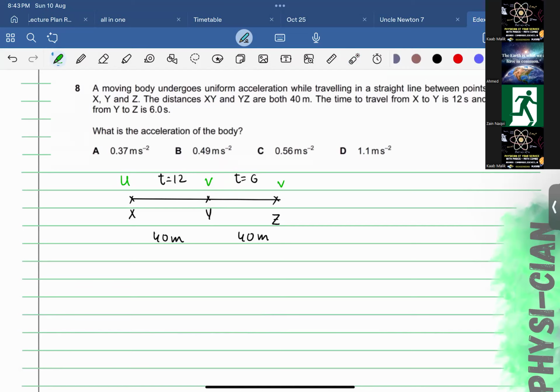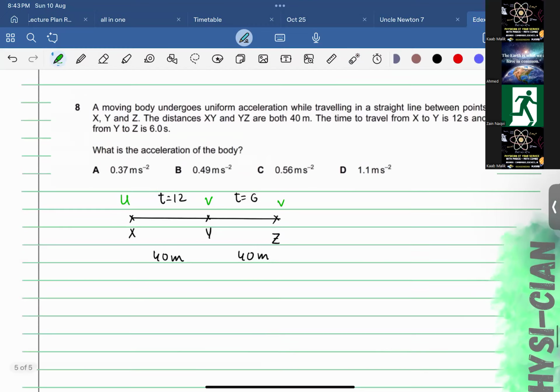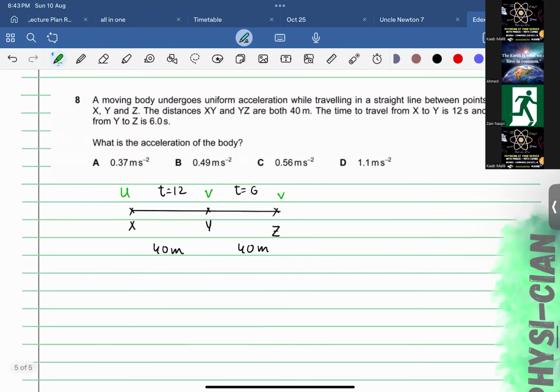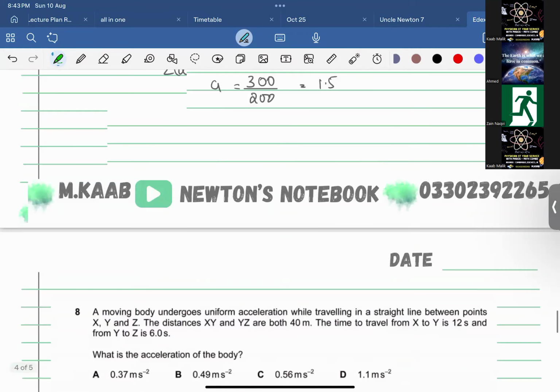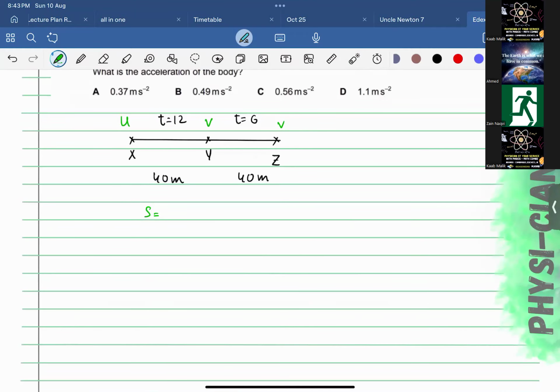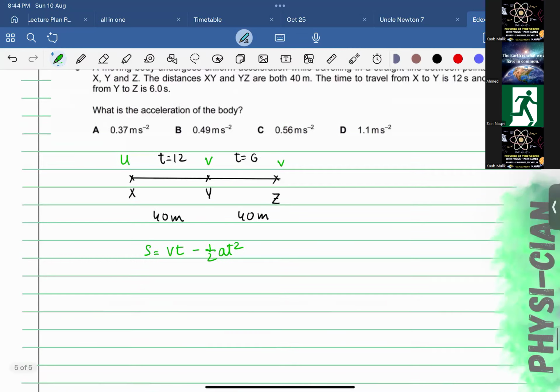Yeah, so you just use one of the formulas. Did you? So I, for the first one, you are supposed to use one of the formulas? No. Look, देखो पहले वाले में आप s is equals to vt minus half at squared रख लो. Okay. Since the acceleration is also constant. Okay. The acceleration is constant throughout the motion.